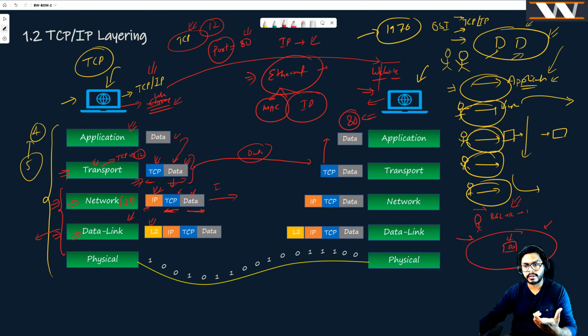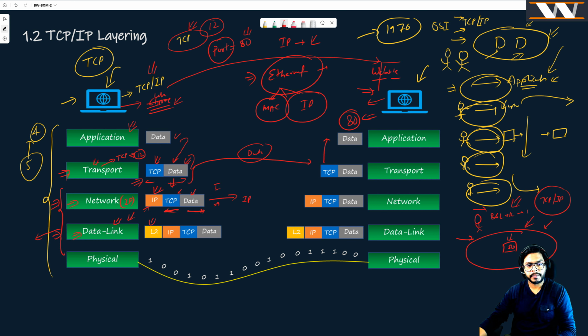A switch sees the MAC addresses and forwards the frame. But the developers of TCP/IP knew that somebody had created Ethernet, so they included Ethernet, and that is why we see the data link layer, in which, irrespective of whatever we are using here, this is my IP packet.